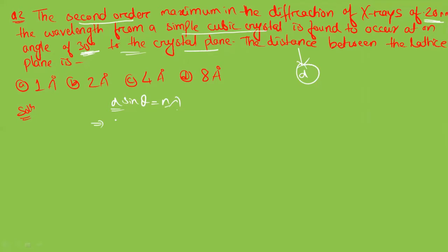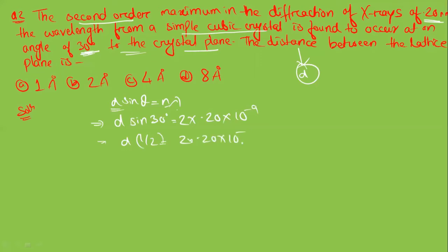So directly we will put the values. d is as it is. Sine 30 degrees is given to you. We are dealing with the second order, so n is 2. If it would be third order, n would be 3. And lambda is 0.20 nanometer, so for nanometer you will have 10 to the power minus 9. Sine 30 value is 1 by 2, right? So this is 2 into 0.20 into 10 to the power minus 9.